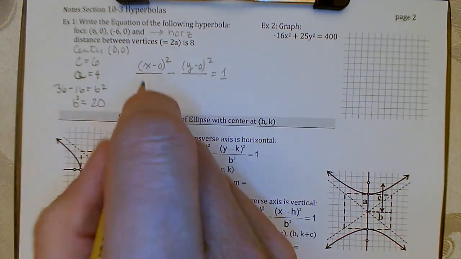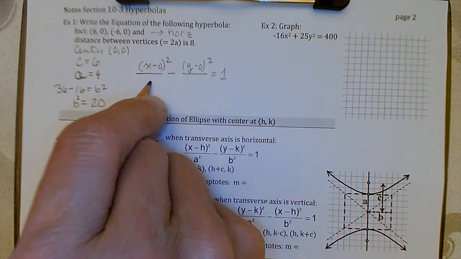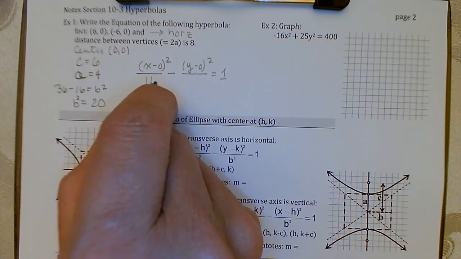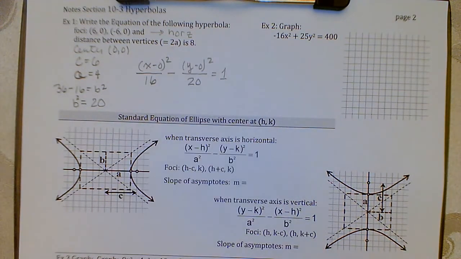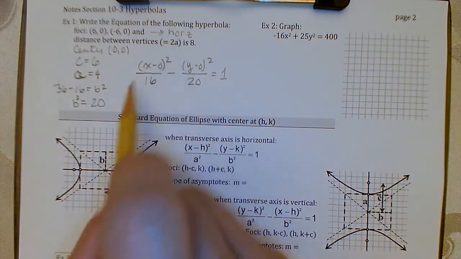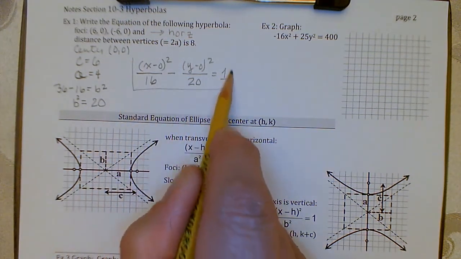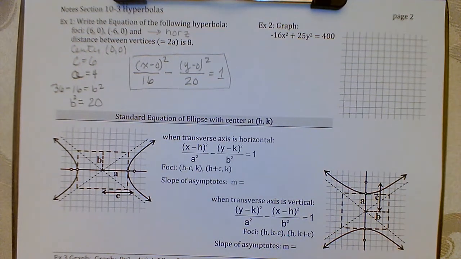And then, always here in hyperbolas, this is always our a squared, so this will be 16. And b squared is 20. In this case, our a is clearly smaller than our b, and it's horizontal. So this is the equation of that hyperbola.